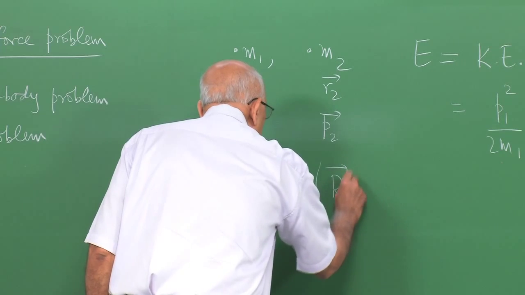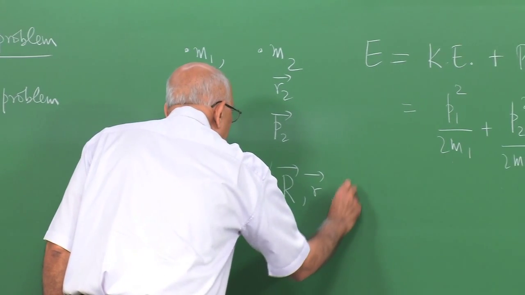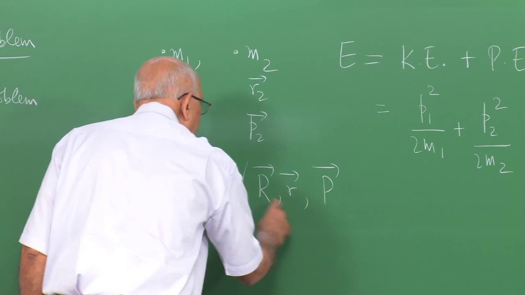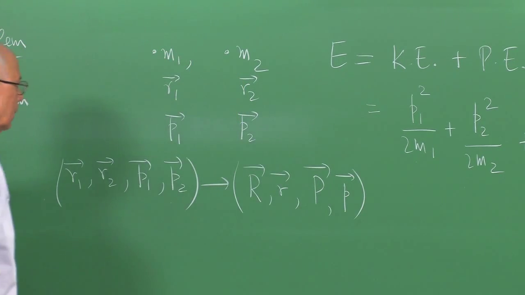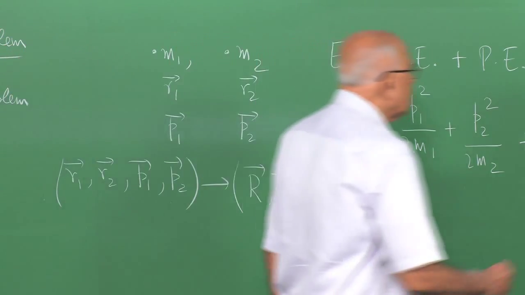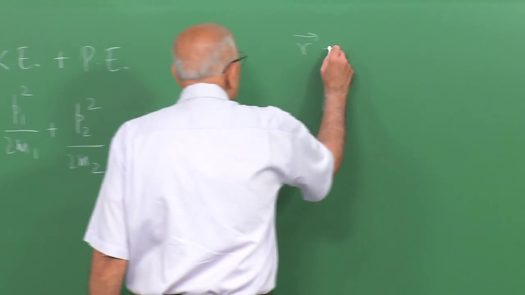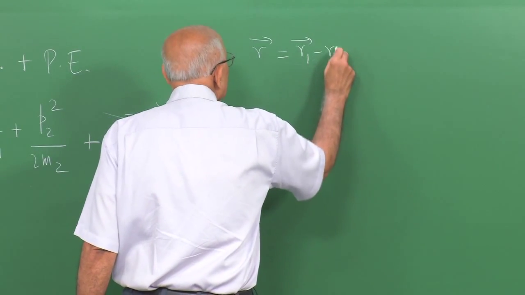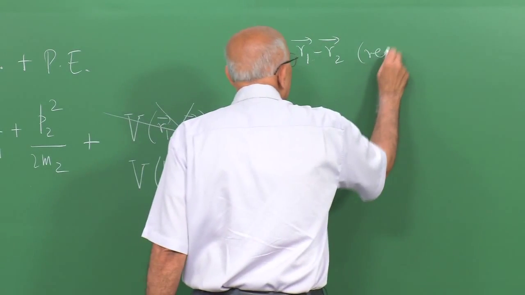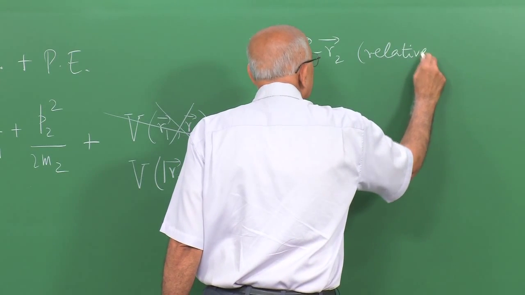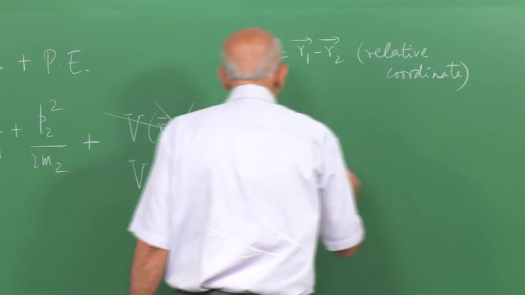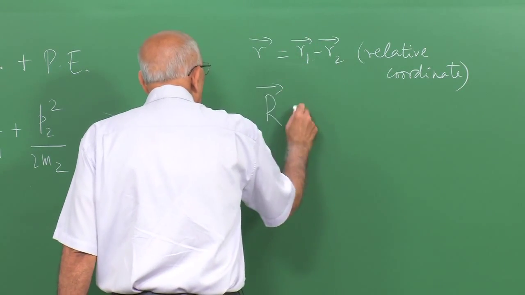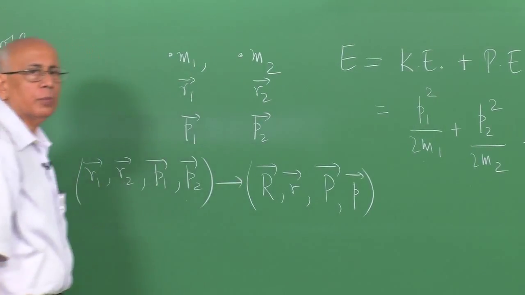One uses capital R, little r, a capital P corresponding to capital R, and a little p, which have the following properties. This coordinate little r is by definition r1 minus r2, and that is the relative coordinate, and capital R is the coordinate, not surprisingly, of the center of mass of the two particles.